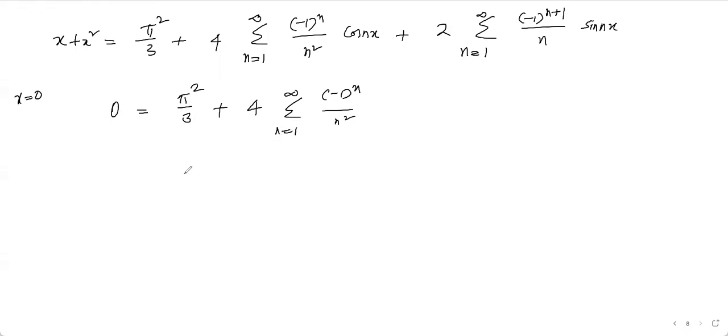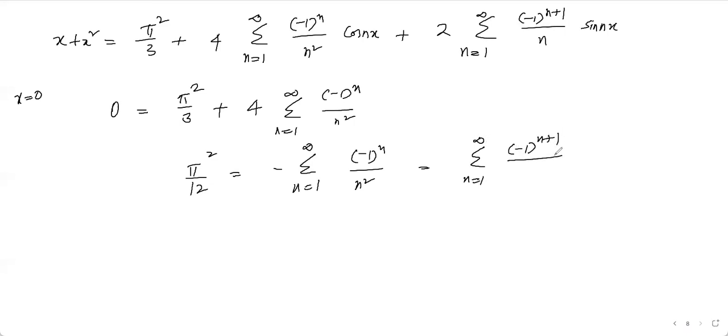So now further, this will be pi squared by 12, okay, which is equal to minus summation n is equal to 1 to infinity minus 1 to the power of n by n squared, or we can write this as summation n is equal to 1 to infinity minus 1 to the power of n plus 1 by n squared.